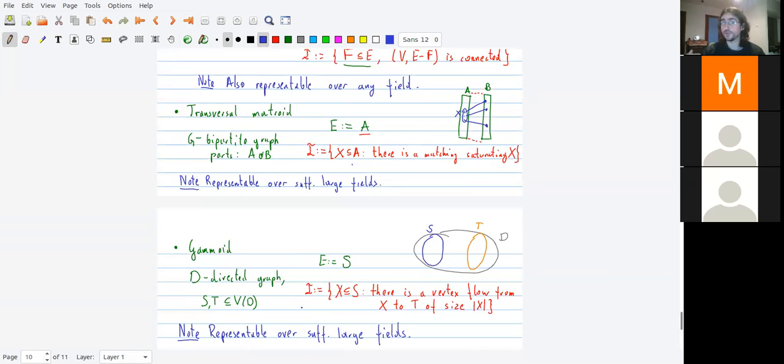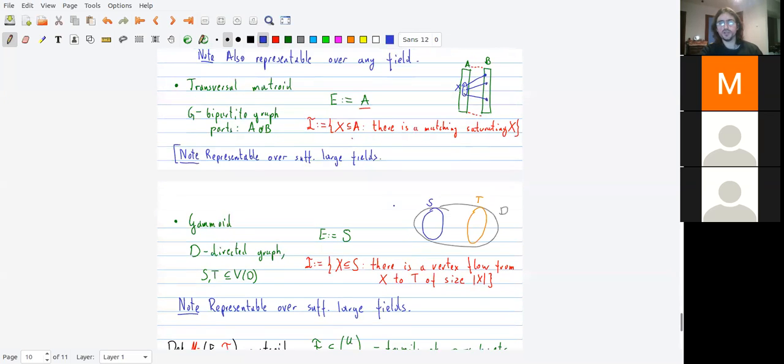Then again, a subset of a vertex set that can be saturated can clearly be saturated, and you can also prove an exchange property here, the extension property, using augmenting paths. So this is also a transversal matroid, and it is representable over sufficiently large fields.